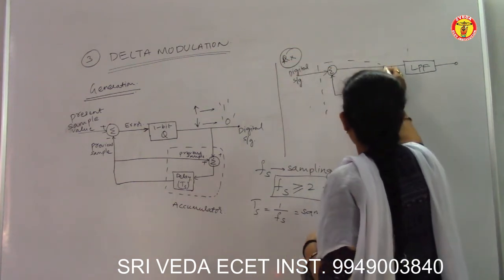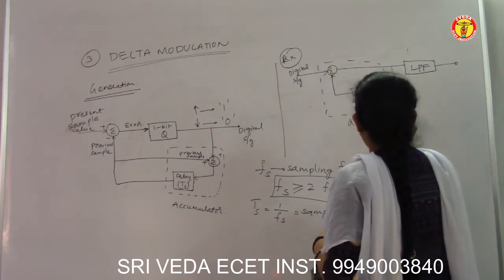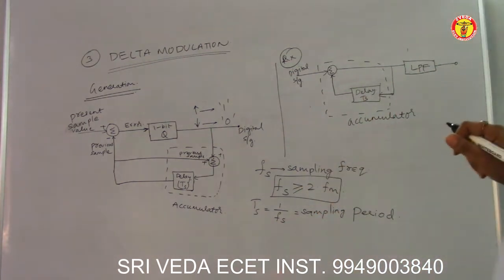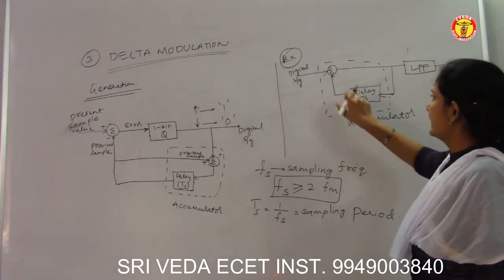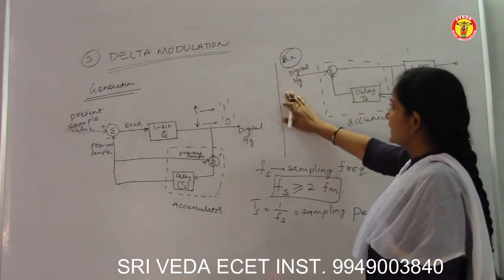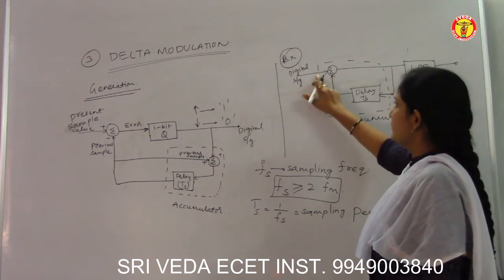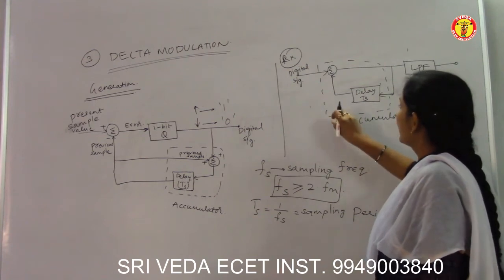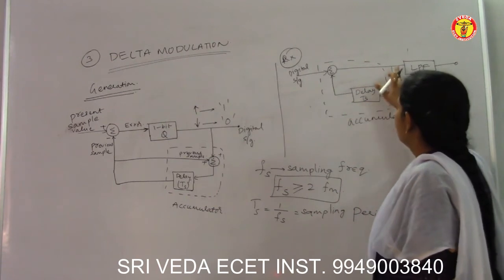This is my accumulator block, the summer and the delay. At the reception side, a digital signal is received and fed to this summer, and it is compared with the delayed signal, the delayed output of this.